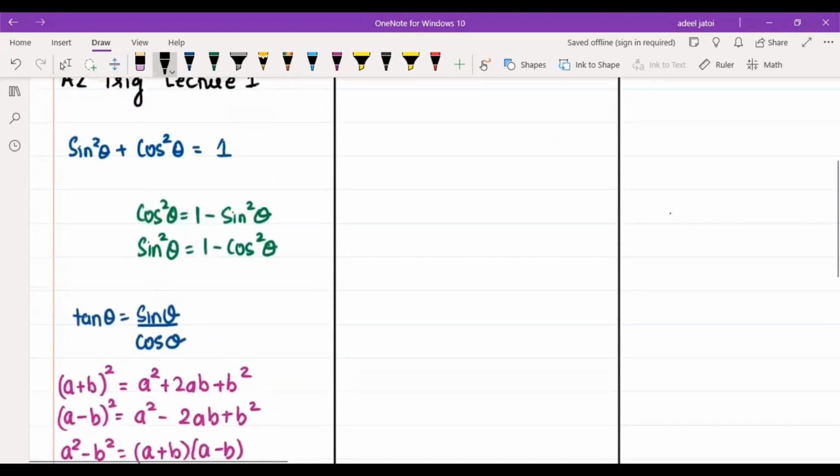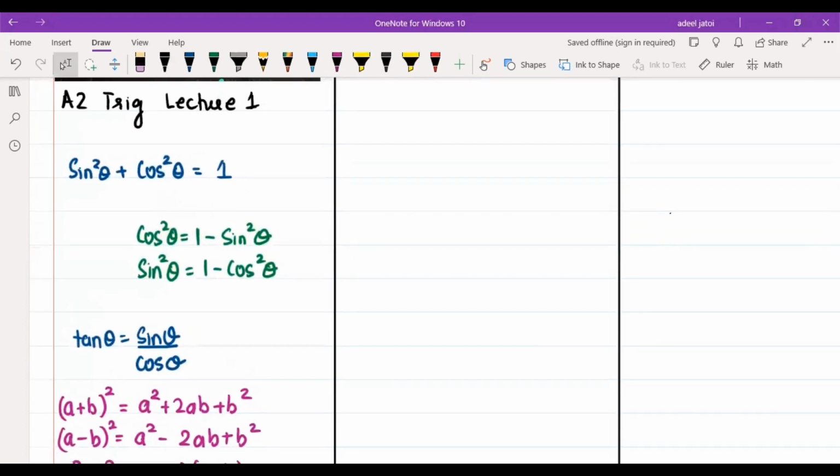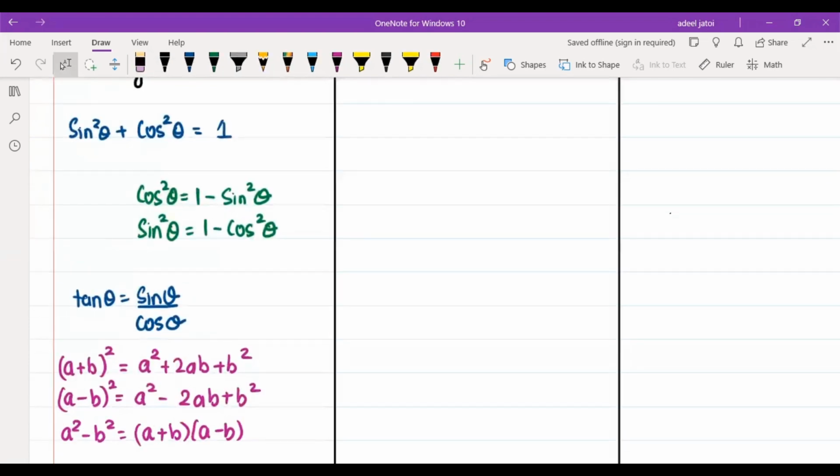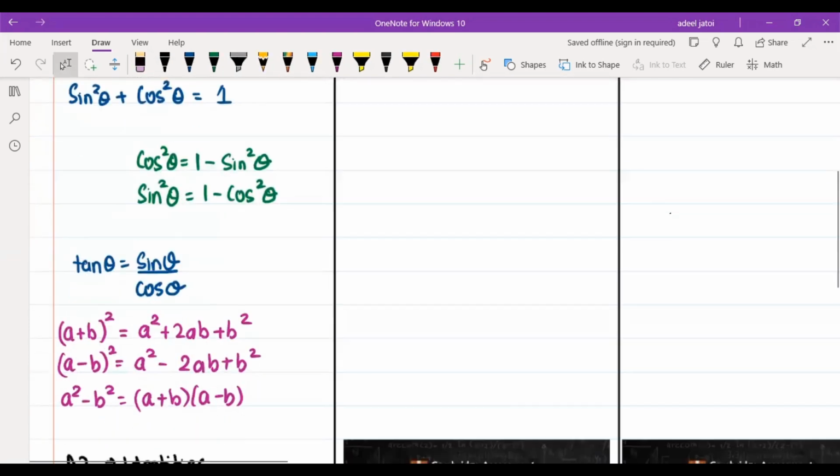For example, if sine square theta is written, we can easily write 1 minus cos square theta instead. If cos square theta is written in the question, we can write 1 minus sine square theta. So using an identity is basically replacing the expression with the best-suited equivalent identity.